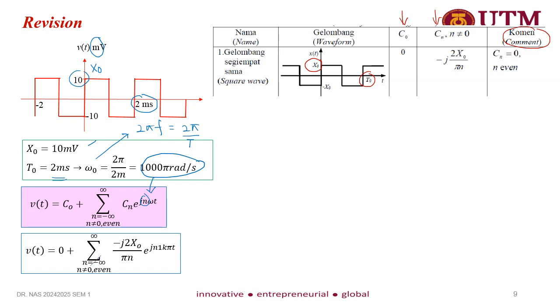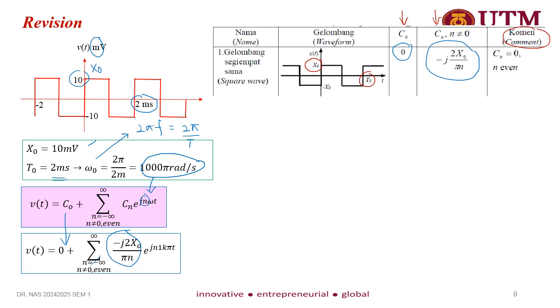Then you replace all the values you have. For example, C naught here is 0. And Cn is replaced by this equation, negative j 2x naught over pi n, e^(jn 1000 pi t). So next you need to calculate the Cn.